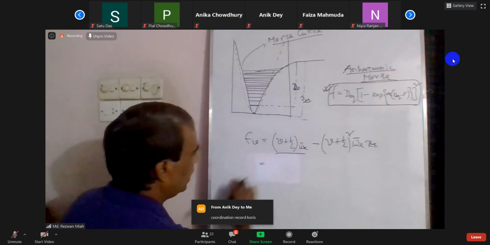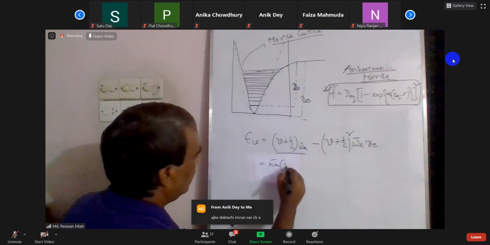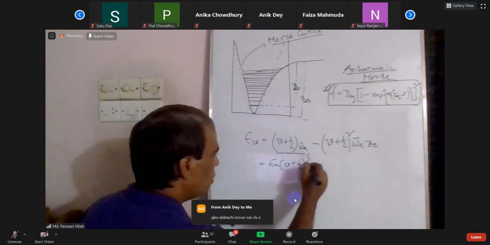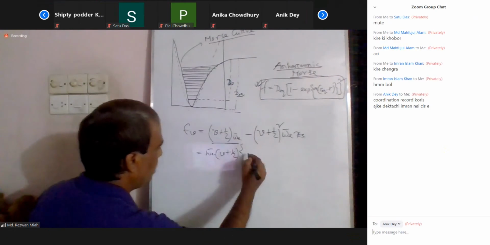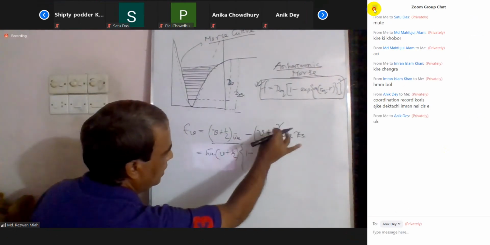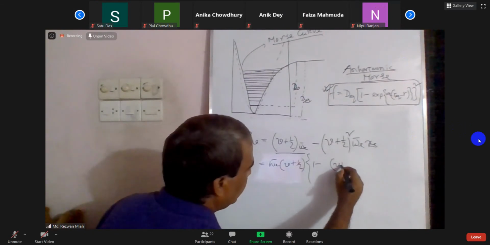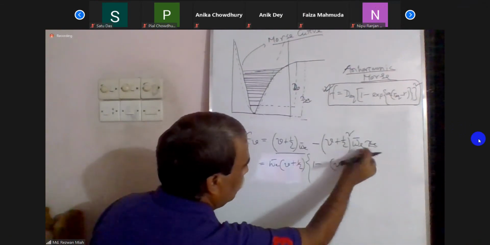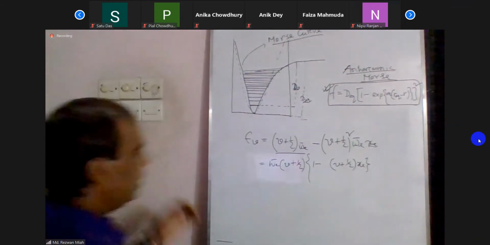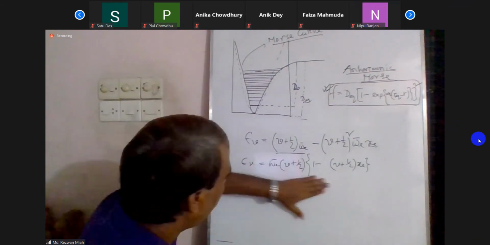If we take this part, omega E bar mu plus half, common, what is left here is 1, and the other part is remaining, which is this, and omega E bar also common taken, so we have only X E. So this is a slightly modified form.